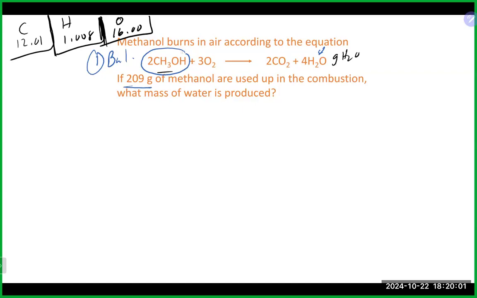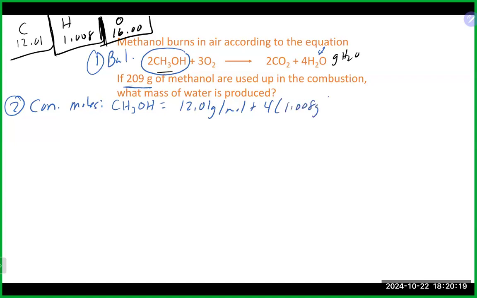So before we can convert that into moles, we will need the molar mass, right? So that's going to be for our CH3OH. We'll have 12.01 for the carbon. There are actually 4 hydrogens, each at 1.008, and 1 oxygen there.